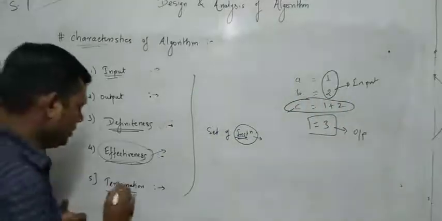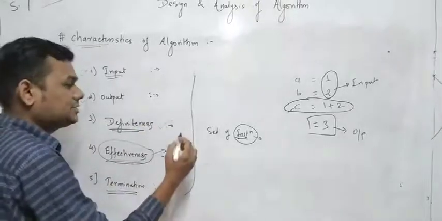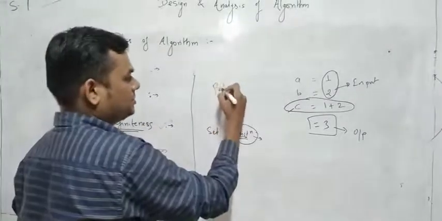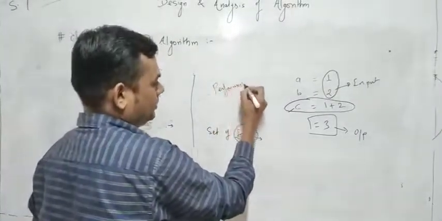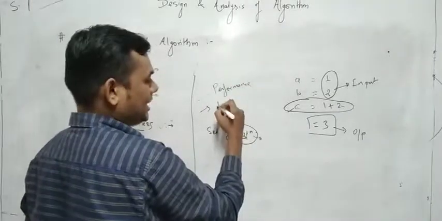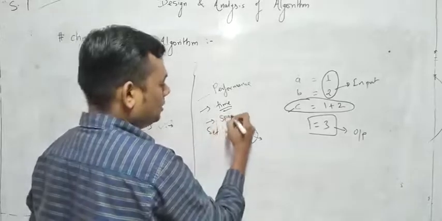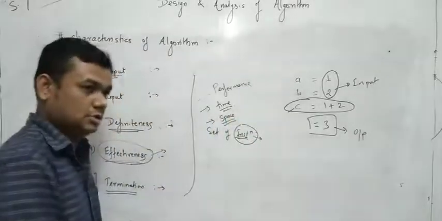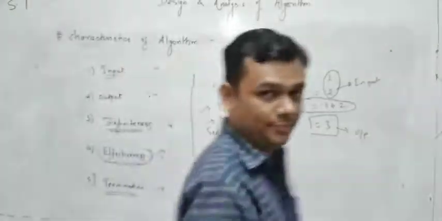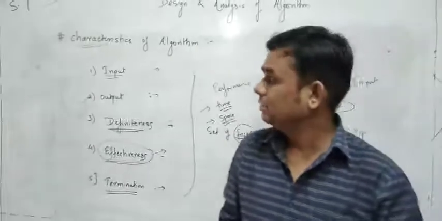So these 5 characteristics increase the performance of our program. They reduce the time required to execute the program, and also reduce the space required for the specific program.